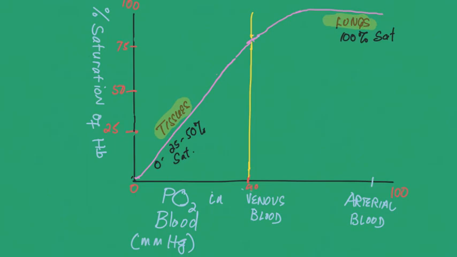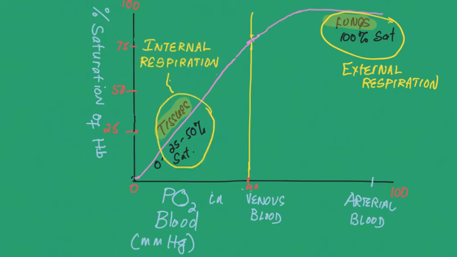In the lungs, the percent saturation of hemoglobin is 100%. This is because hemoglobin is loading up on oxygen. So in the lungs, we have external respiration where hemoglobin loads up on oxygen, and in the tissues, we have internal respiration when the hemoglobin unloads its oxygen.